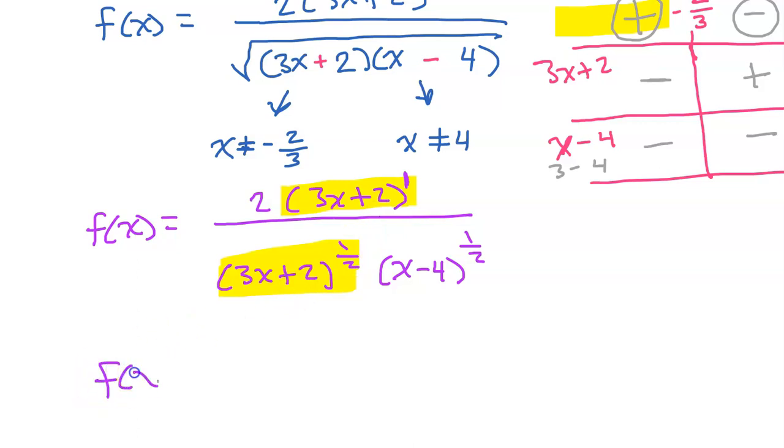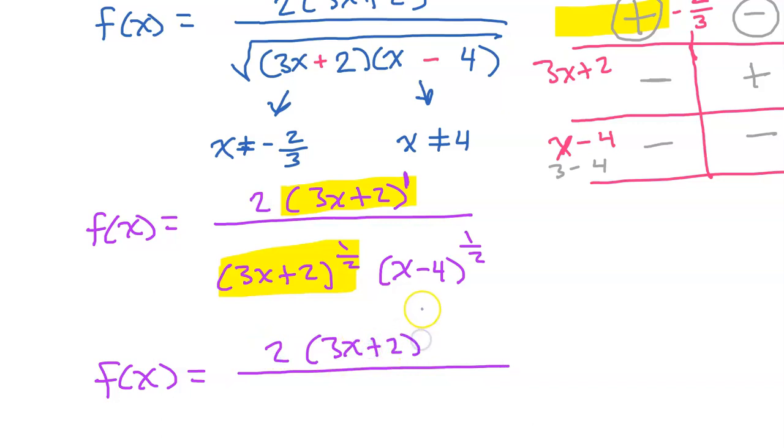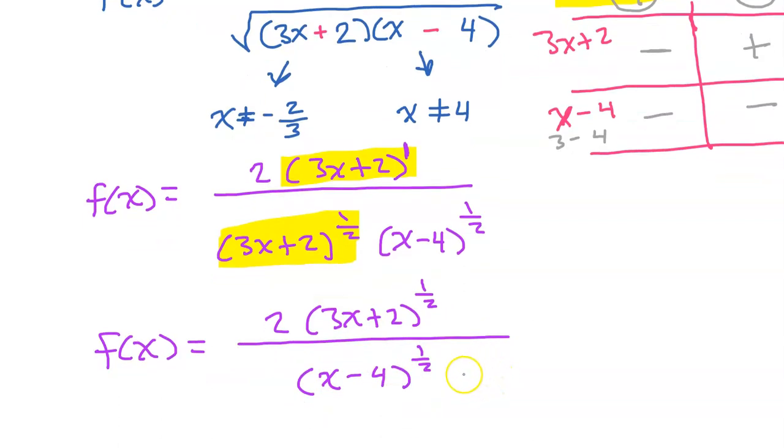So this will be the same thing as f of x equals 2 times 3x plus 2 to the 1/2 power, and in the denominator, we still have our x minus 4 to the 1/2 power. So we still have a vertical asymptote.